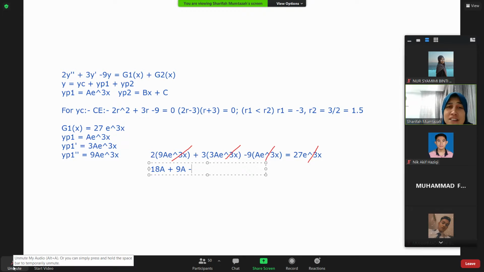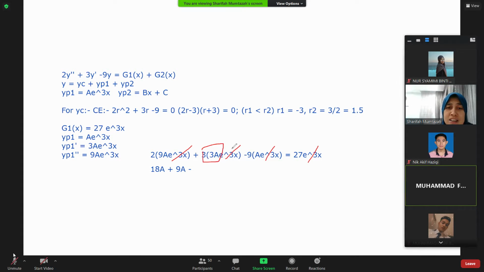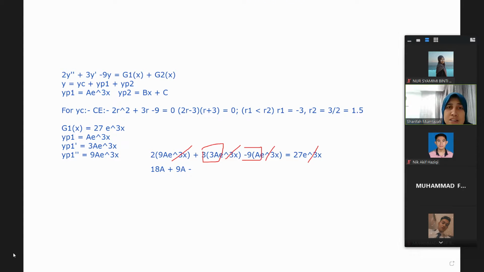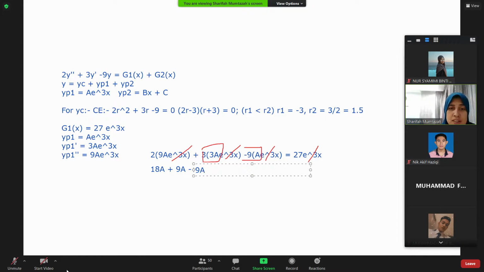Tengoklah sini. Minus 9A equivalent to 27.